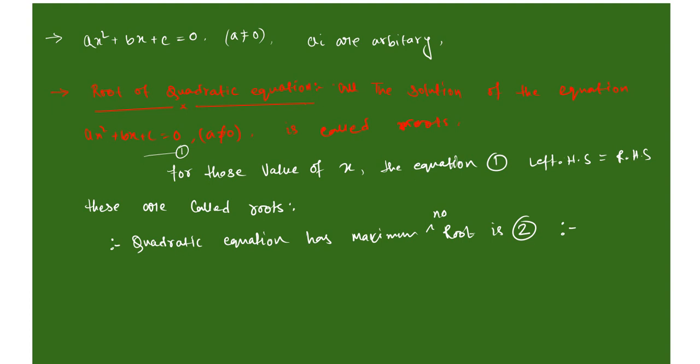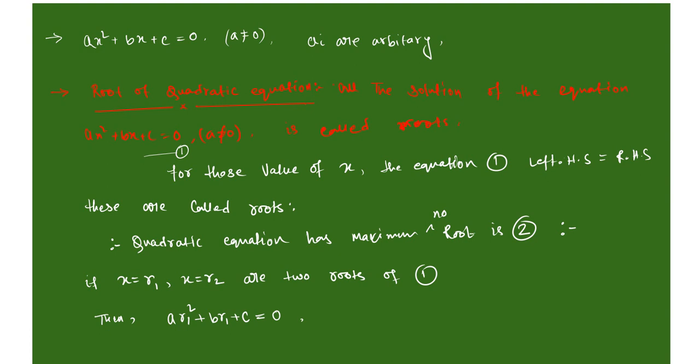So okay, if I take x is equal to r1 and x is equal to r2 as the 2 roots, then a r1 square, b r1, c, its value is 0.